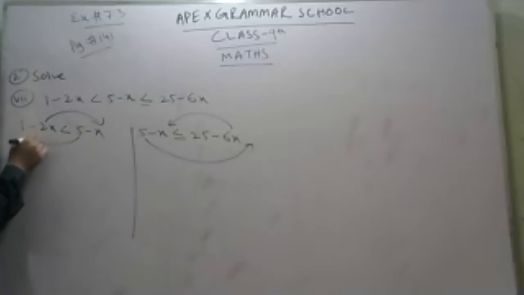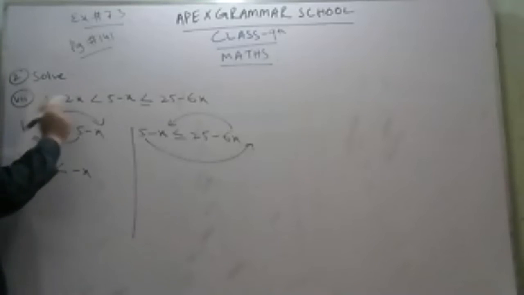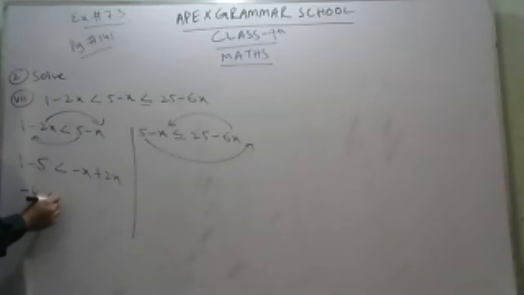This positive sign will be negative there. That will make 1 minus 5 less than minus x plus 2x. 1 minus 5 answer is minus 4, less than 2x minus x, answer is x.